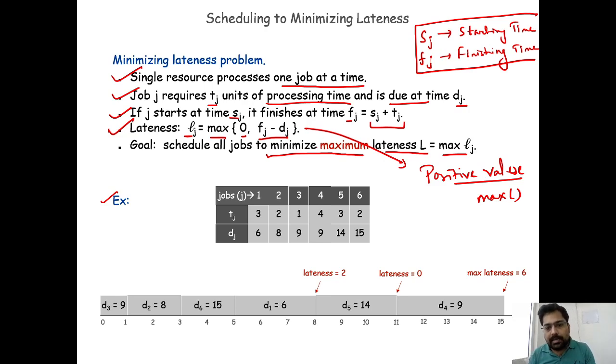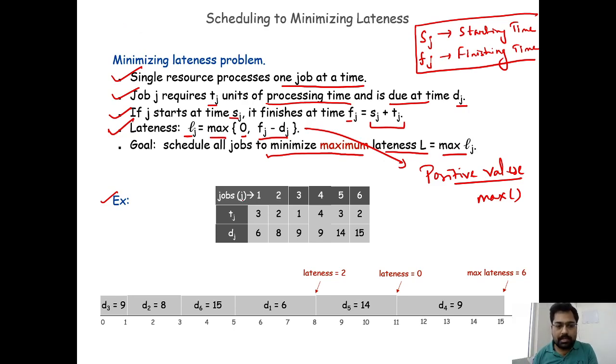Based on them, the maximum lateness which we find should be minimized. Suppose the lateness values are 0, 0, 0, and somewhere we find the lateness is 2. In that case, the lateness 2 should be minimized to some value which should not be greater than or equal to 2.